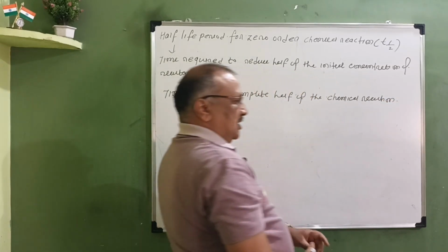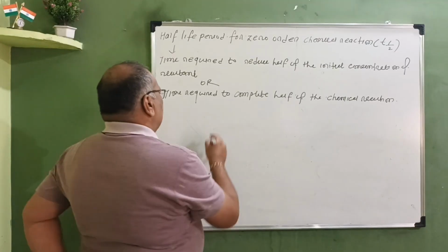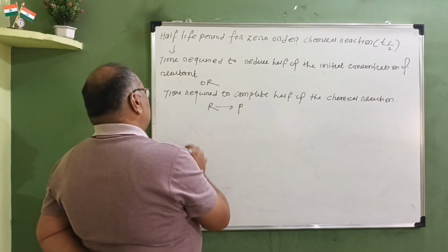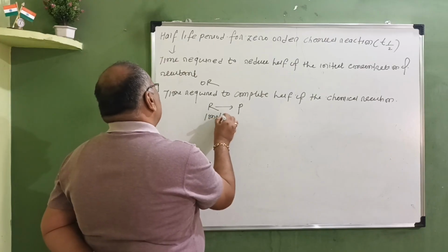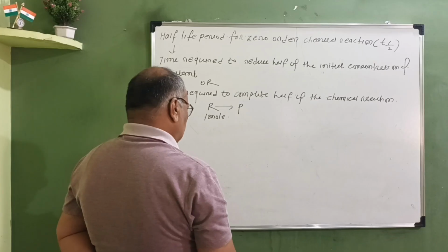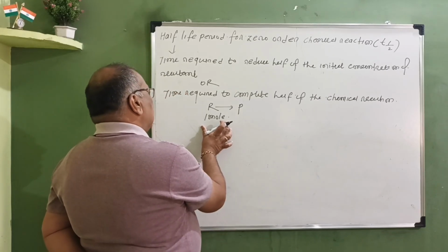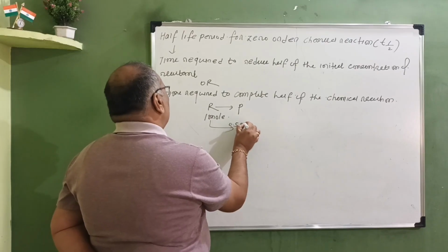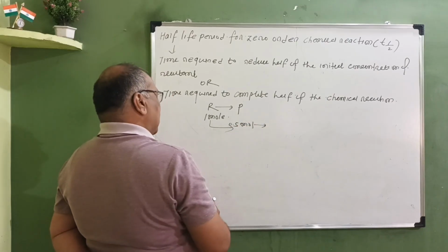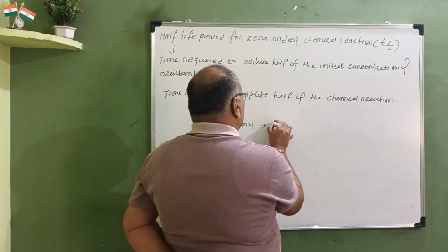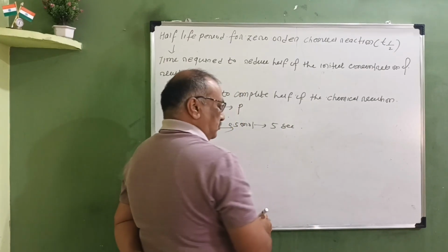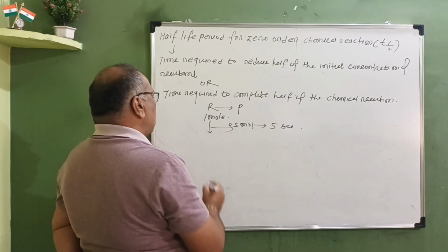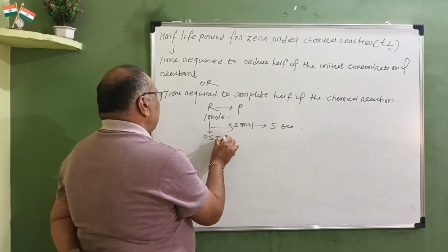That means you can consider any chemical reaction where reactants are converted into product. Suppose initially 1 mole of reactant is there. Out of this 1 mole, half mole, that is 0.5 mole, of the reactant is converted into product within 5 seconds. That means after 5 seconds, the remaining reactant is 0.5 mole.